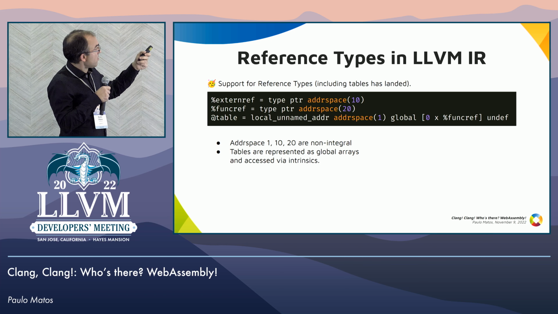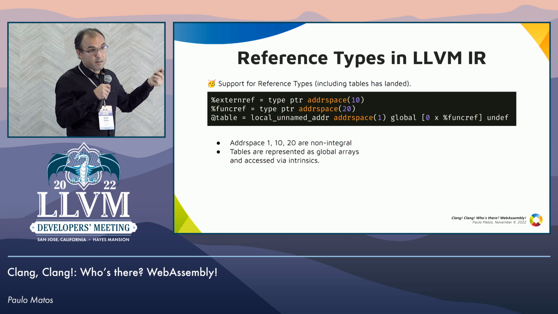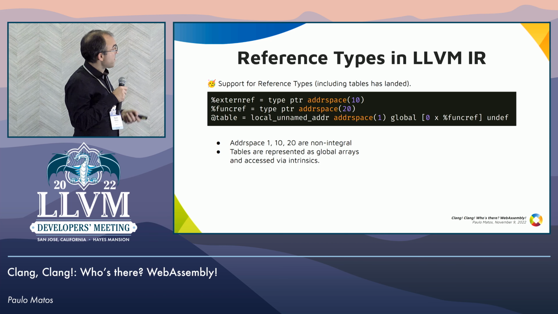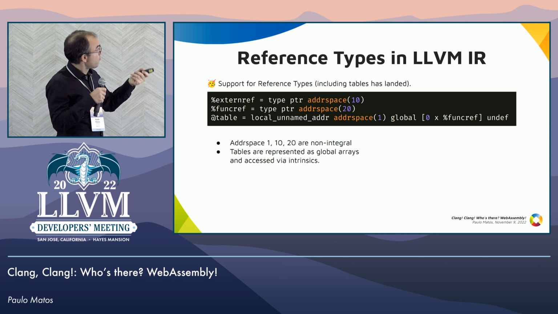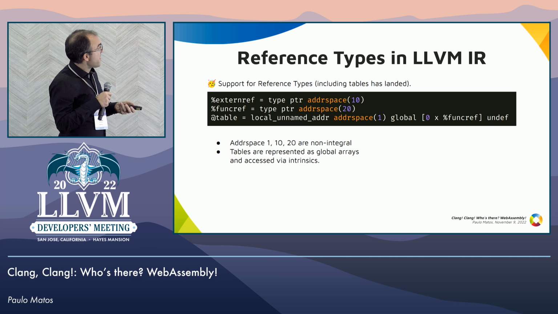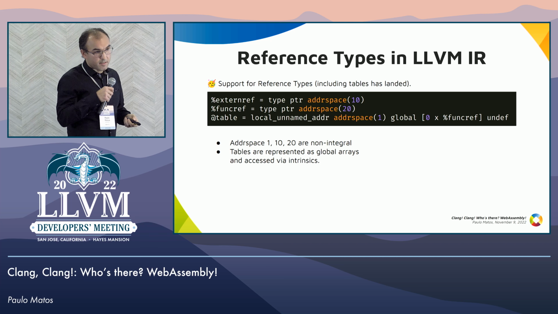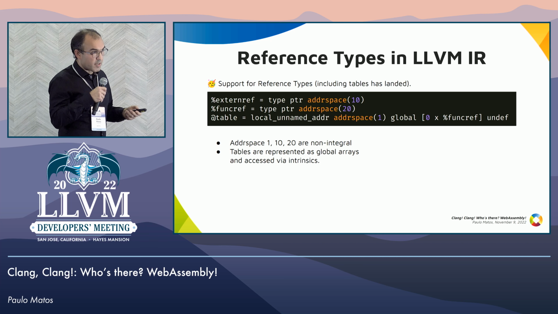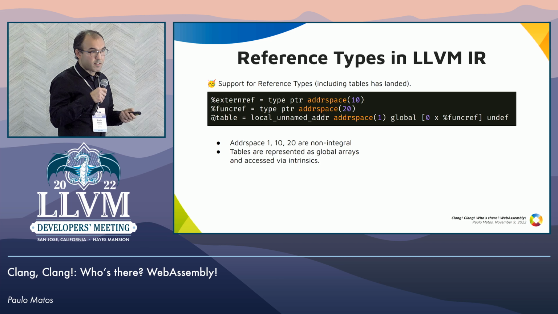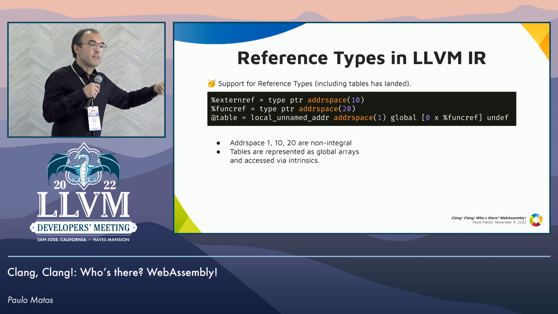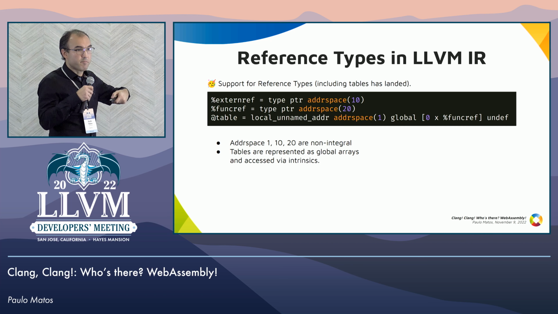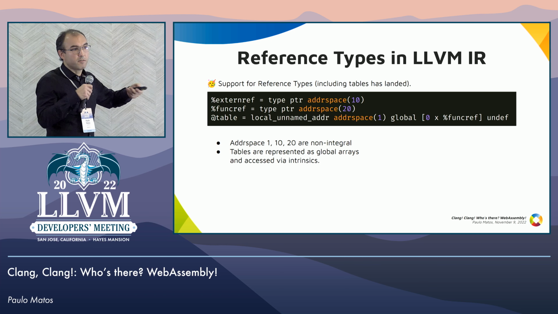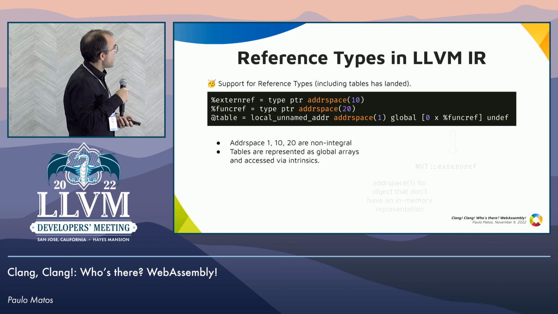All values of externref type are just pointers to address space 10. All values of funcref type are just pointers to address space 20. And then we define tables as module level arrays in address space 1, simply because we need an address space that allows us to identify an object so we can implement some semantic constraints, like you cannot do certain things with it.